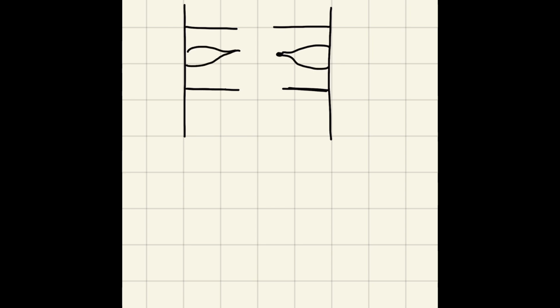a protein scaffolding. It's like the framing of a house, basically, made out of Z discs, which are these parallel lines right here. Nebulin, which would be this right here.